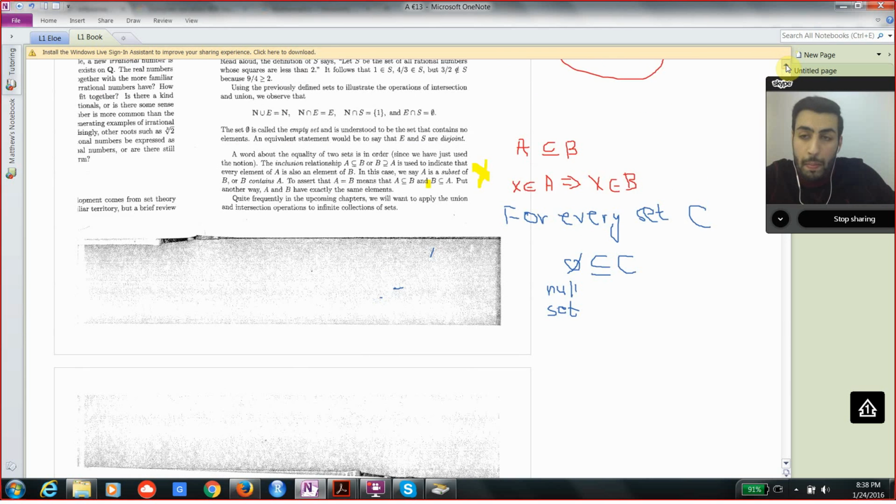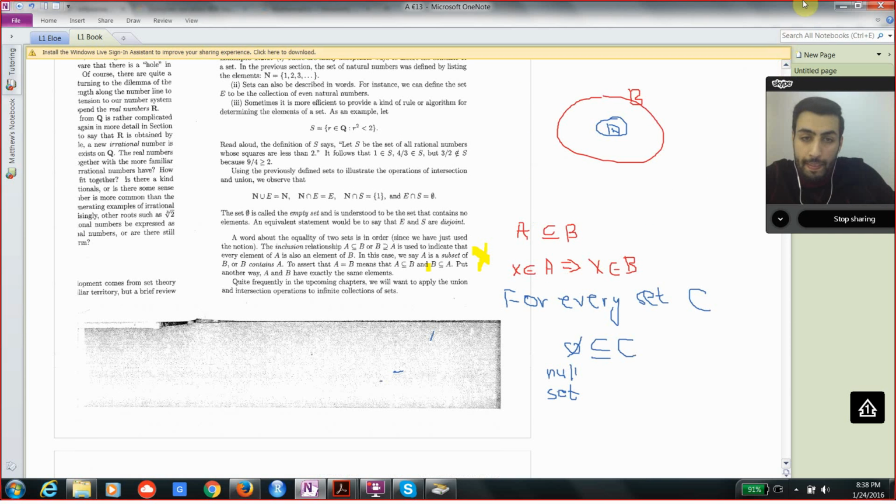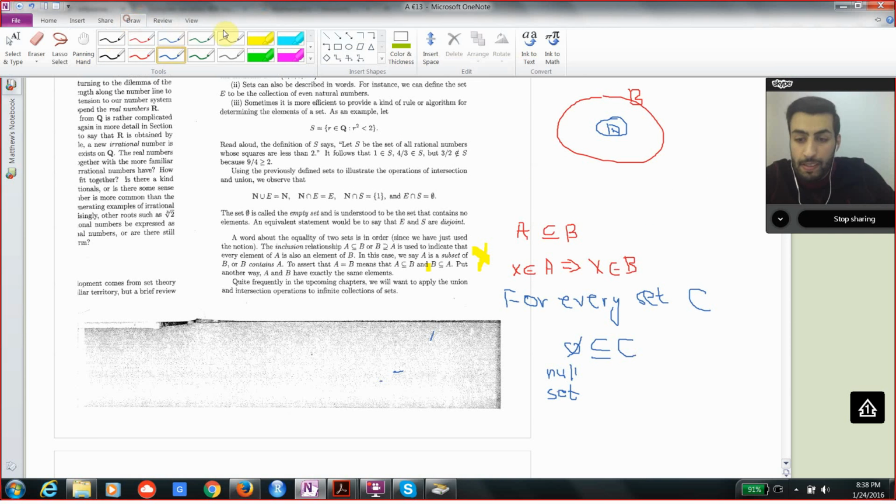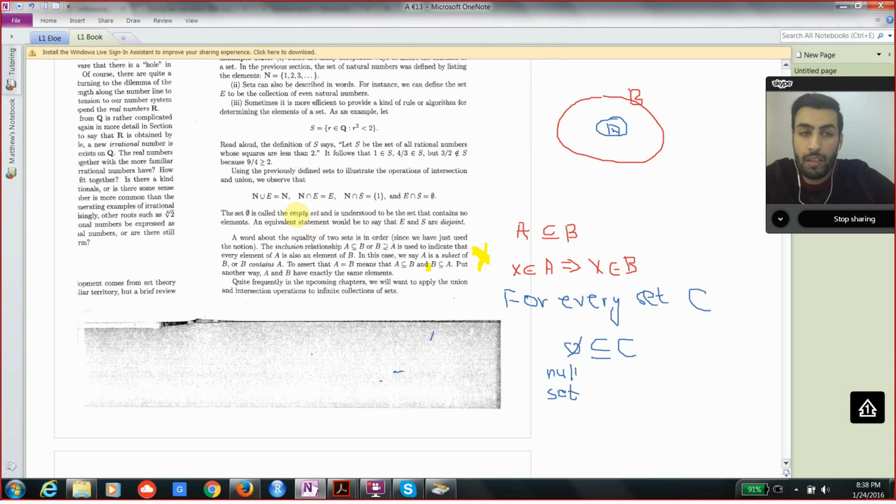And I'll tell you what. I'll just highlight the important parts, so that way you'll know what to read and what not to worry about as much. Okay. So the definition of null set is important. The definition of disjoint is important. Both. Exactly, both.